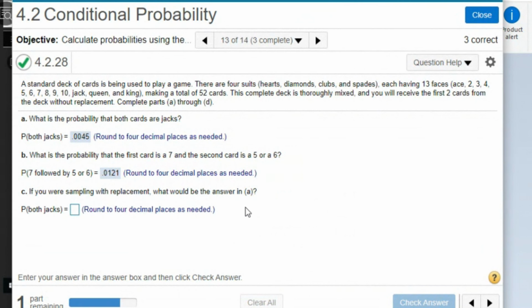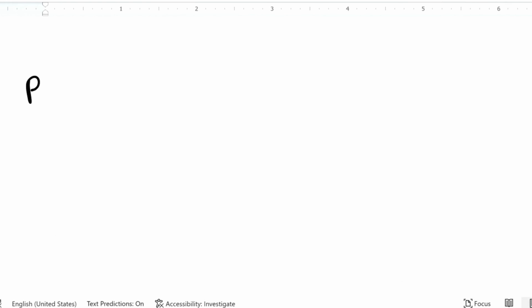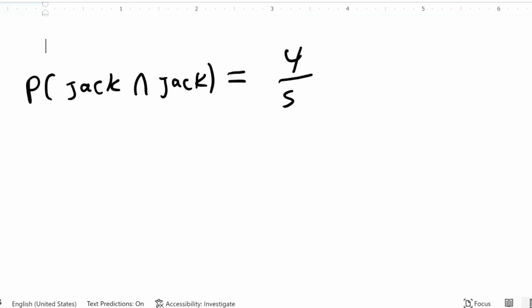So if you were sampling with replacement, what would be the answer in A? So the probability of both jacks would be, well, the probability of the first card being a jack is 4 out of 52. And then we put that card back in the deck, so the probability of the second card is also 4 out of 52.